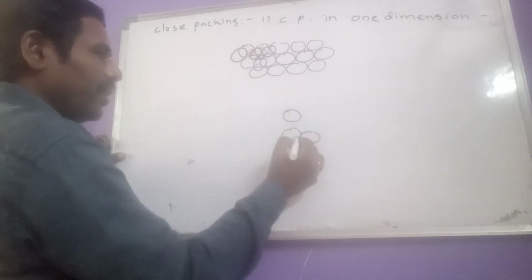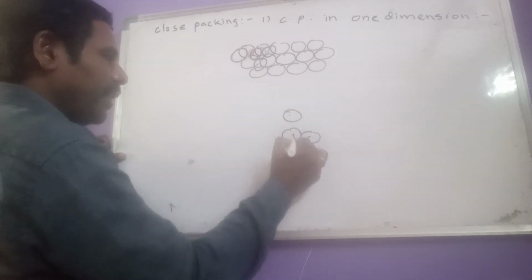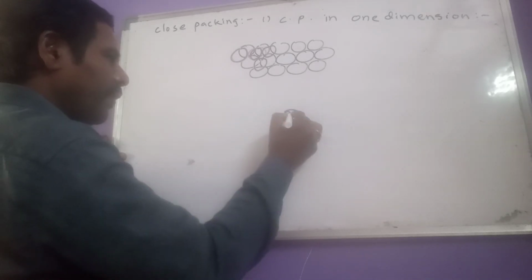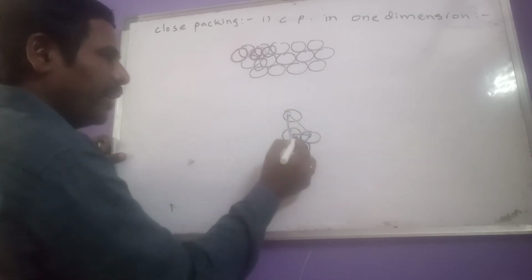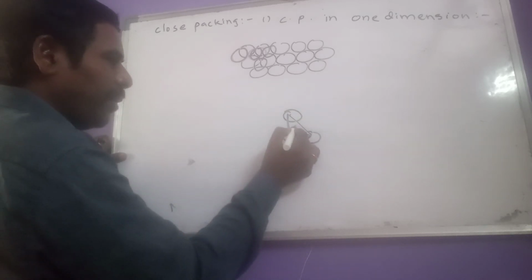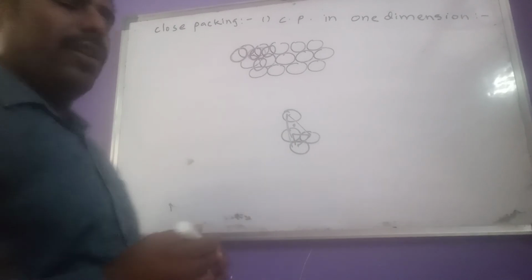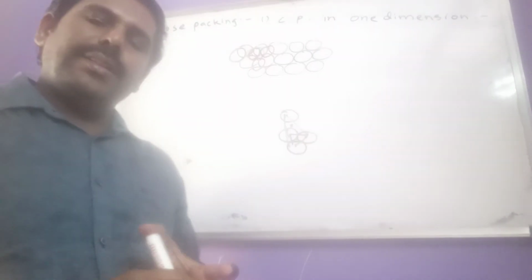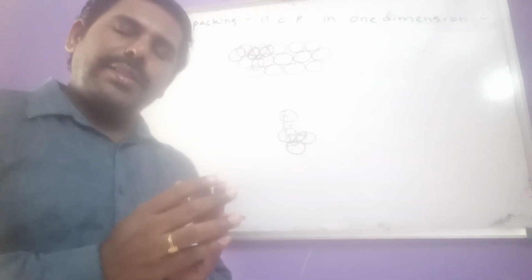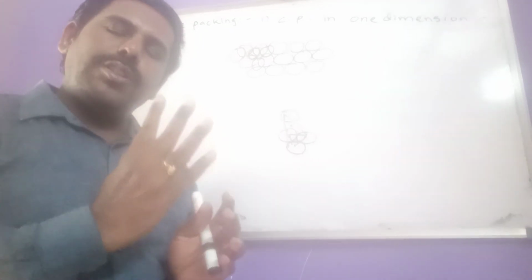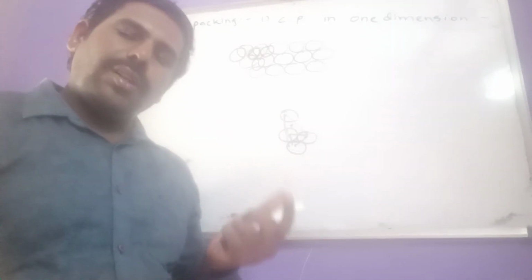Now these three will make a trigonal, and whenever it is connected with this, we can get which one? This is tetrahedral geometry. So the void present among them is called a tetrahedral void. So the void space present among four spheres is known as a tetrahedral void.